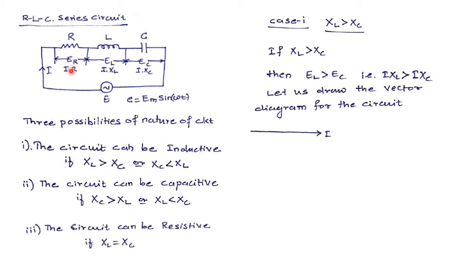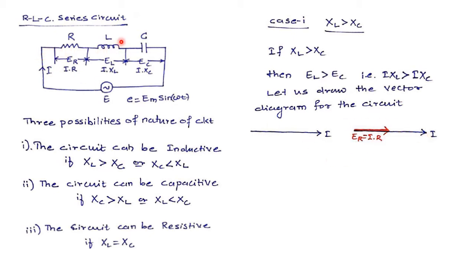Therefore the voltage across resistance, which is ER, that is I into R, will be in phase with the current I. Okay. So I will draw voltage ER in phase with current I. This overlapping vector shows that voltage ER and the current I are in phase.